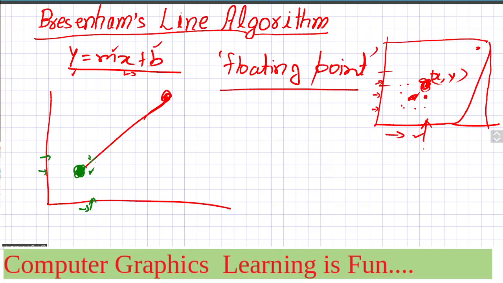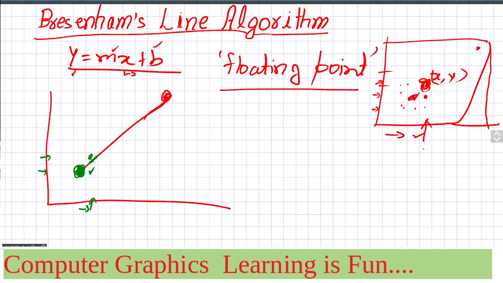Not distance, I should say, but how much this pixel is separate from this line and how much this pixel is separate from this line. We will then find that this pixel is nearer to the line, or more accurate for this. How will we find this? We have a method. We already understand.